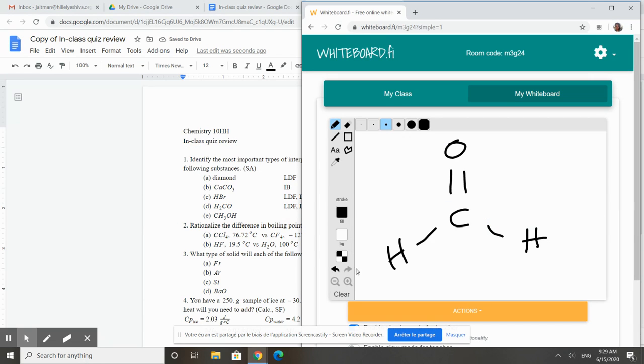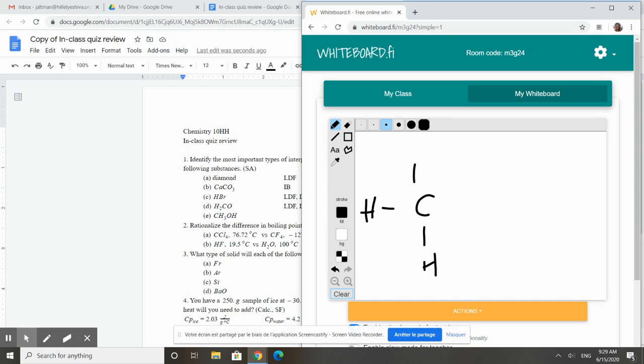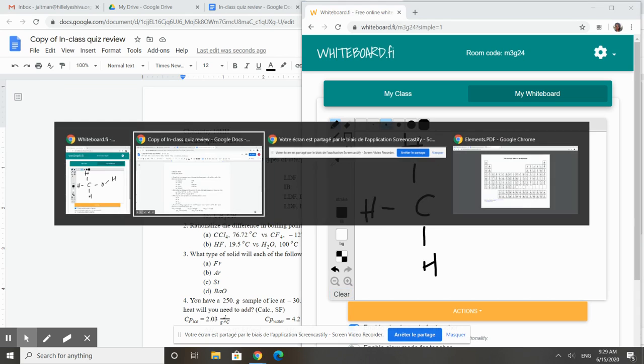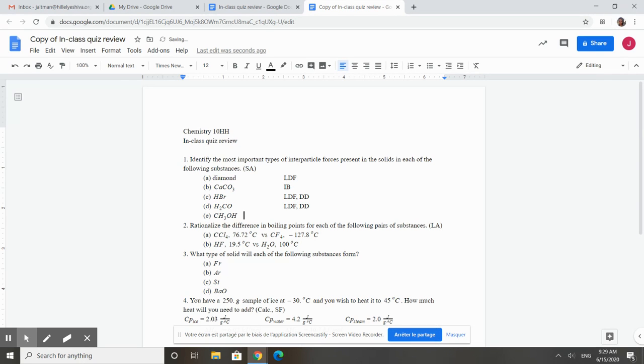And then CH3OH, again, we'll have to write this one out. Since the hydrogen is directly connected to that oxygen, it is a hydrogen bonding force. You could put dipole-dipole, you could not. Either way is really fine here, but you do have to put LDF, you do have to put hydrogen bonding.